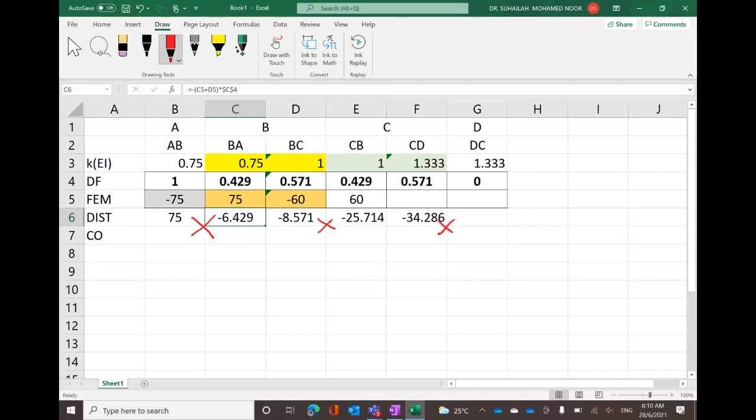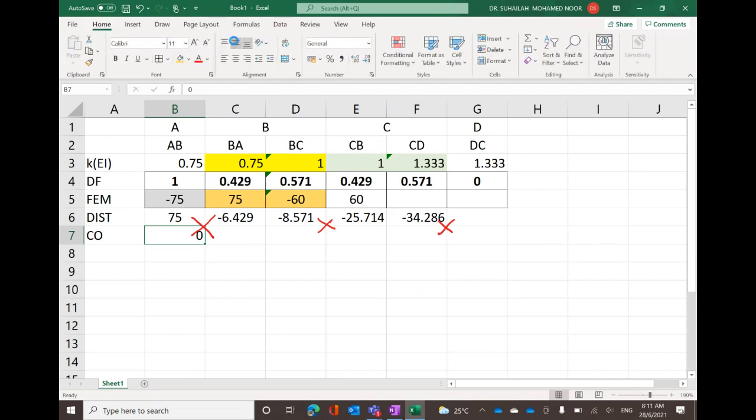But remember, the factor is 0 for end pin. So this one is 0. Okay, 0. Here is 0 because end pin 0.